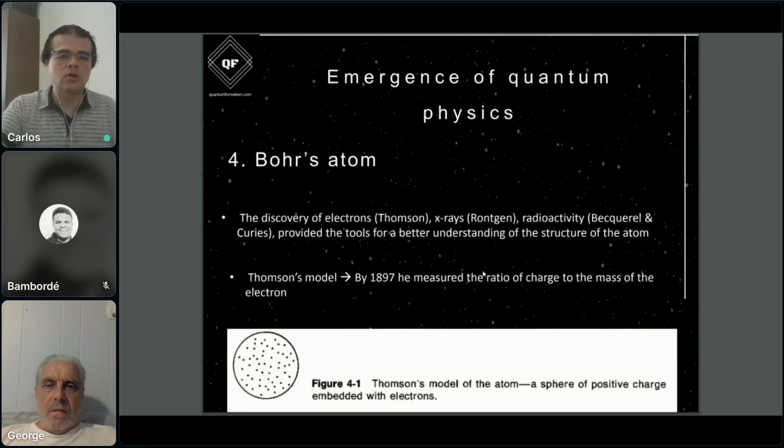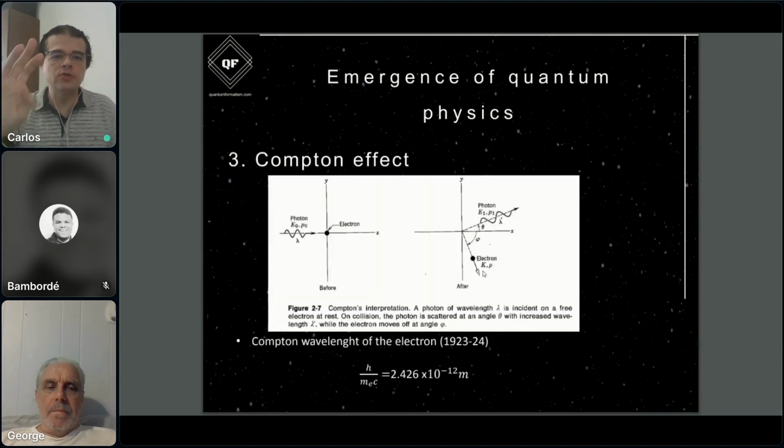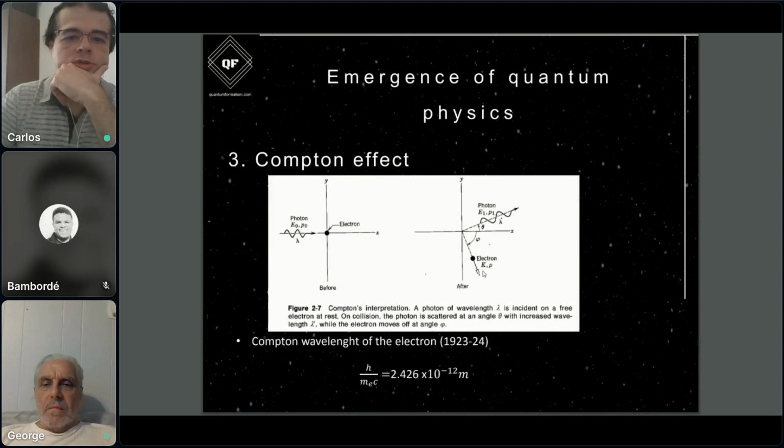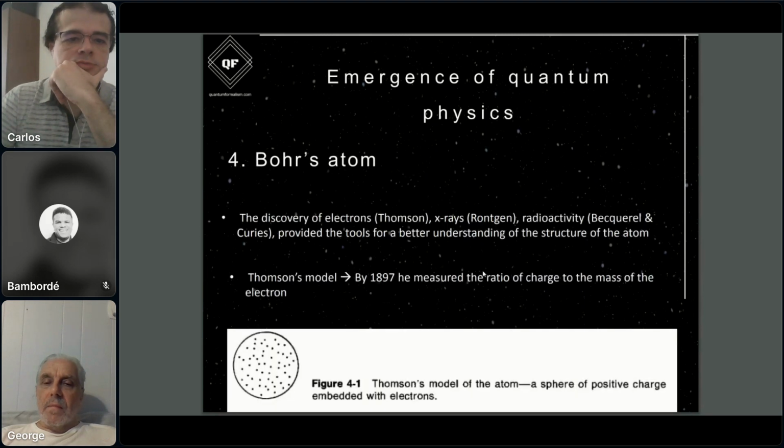Okay, if not, we can return to these things. So let's see again the ideas behind the Bohr atom.